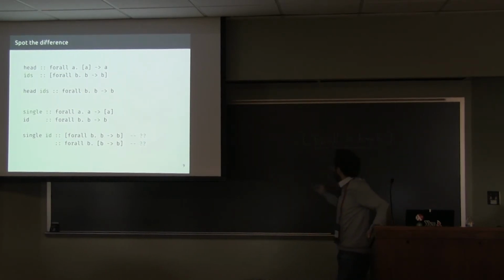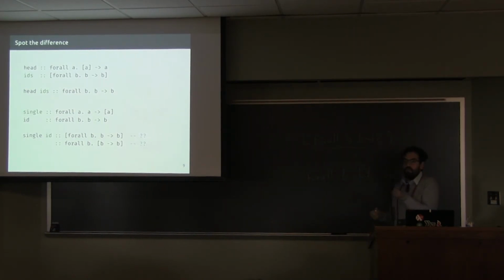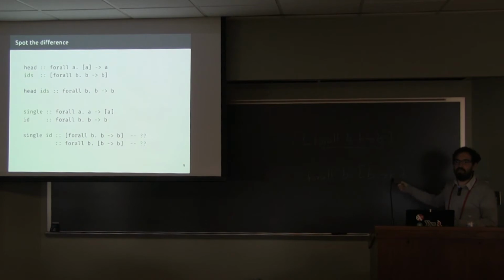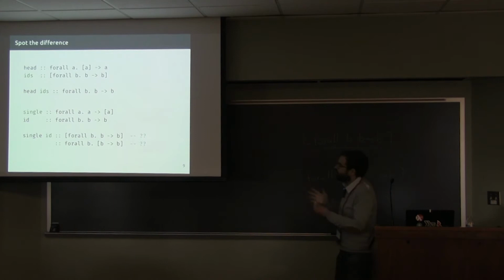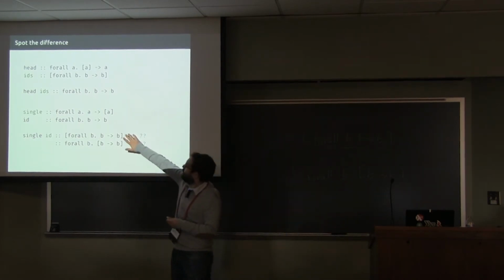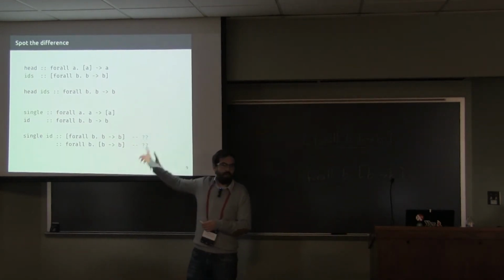But in the second case, where the for all is outside, I only have one moment where I can choose. So I choose the B, and then every element inside has the same B chosen. If I choose B to be bool, then all my functions turn into functions from bool to bool. So I cannot apply one to int and one to bool. So in some sense, the first is a bit more powerful than the other.